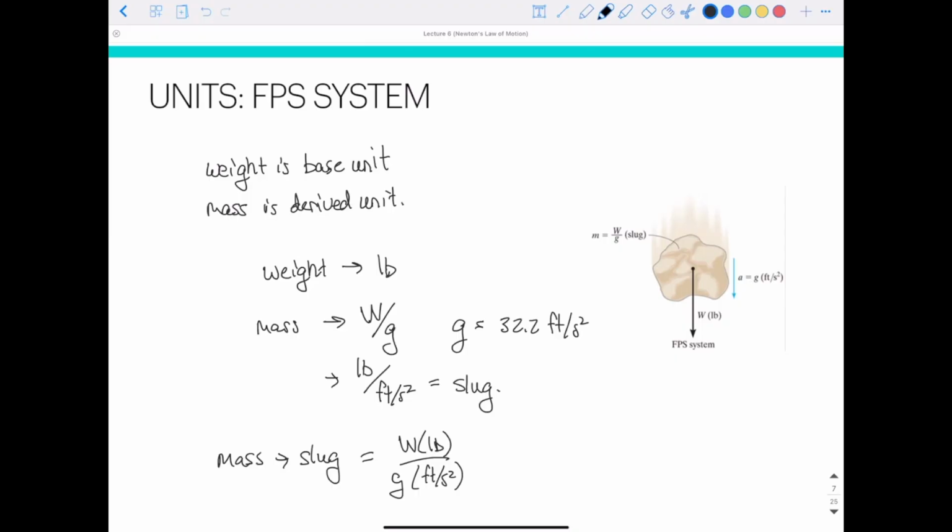And like we said, acceleration due to gravity in the FPS system is 32.2 feet per second squared. So depending on what units the problem gives you, this is what they're referring to when they say pounds. Some books will call this pound weight and pound mass. For this, we'll just keep it simple, and we'll follow this convention where if we see pounds, that's referring to a weight, and the mass is slugs, and that would be the weight divided by the acceleration due to gravity.